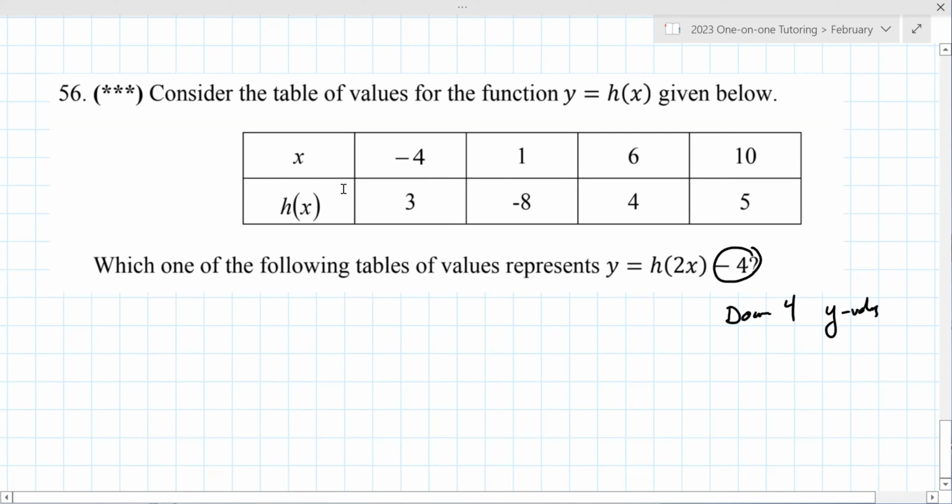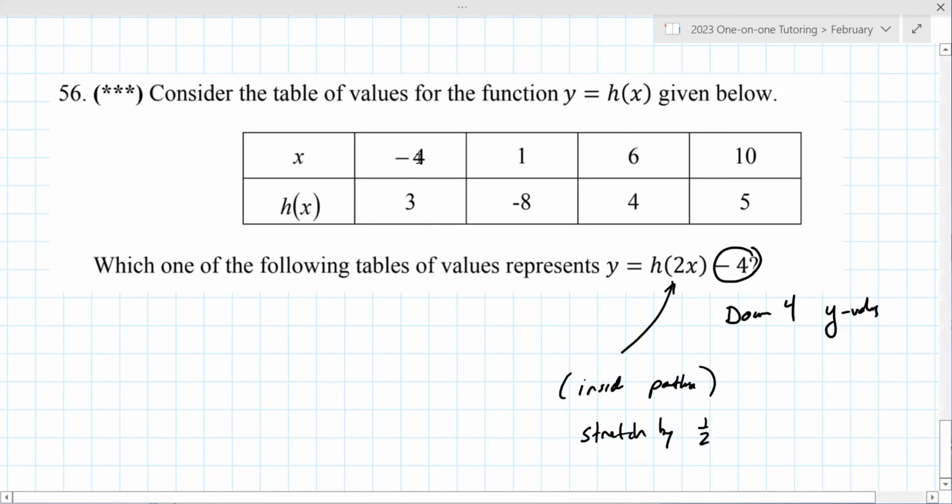The 2x here is not intuitive. When it's inside parentheses, it's always kind of the opposite of what you might think. So this 2 is actually a stretch by 1/2, not by 2. Every x value is going to move further away.